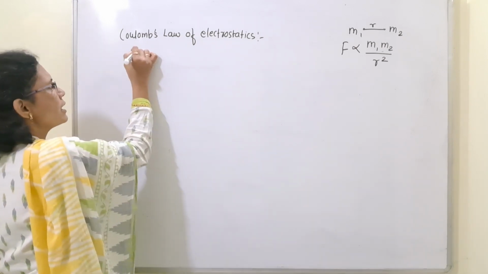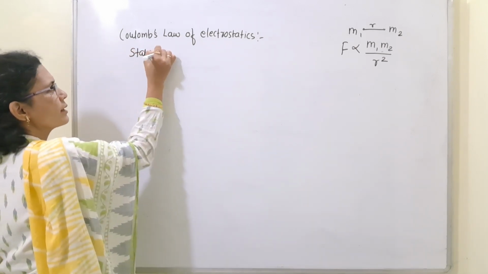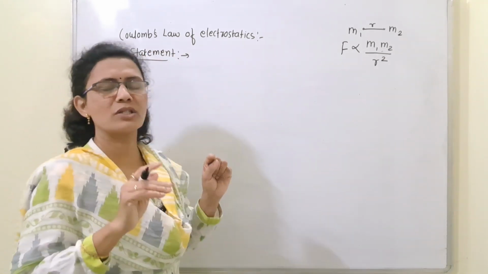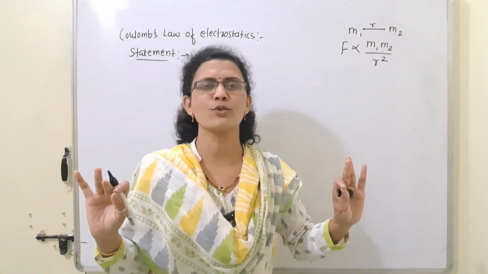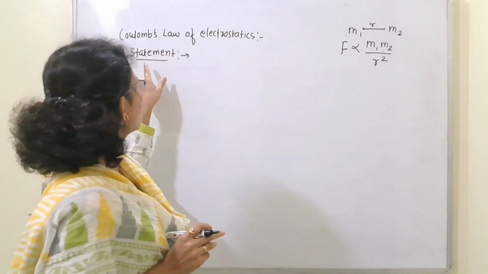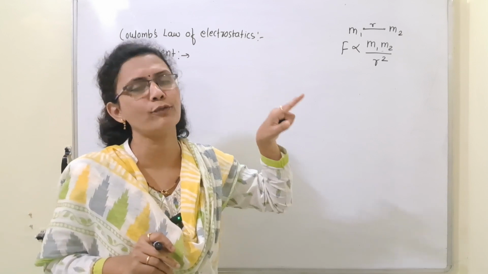What is the statement for this law? There will be a question in the exam: state and explain Coulomb's law of electrostatics. How are you going to write the answer? First, you have to write the statement for that law.